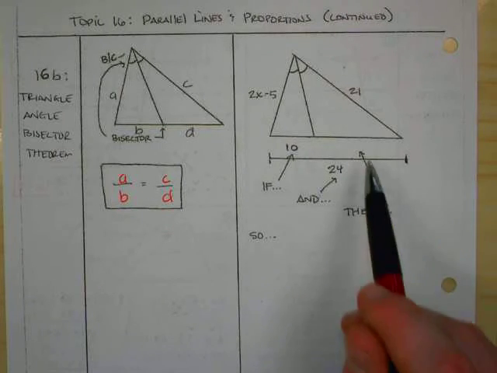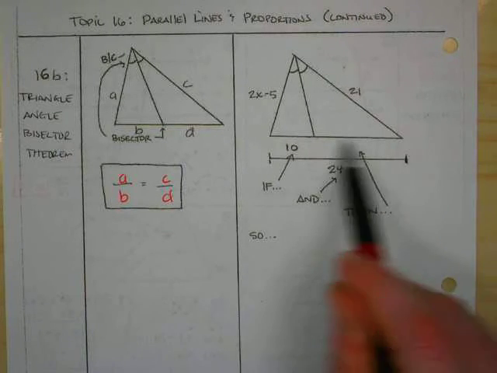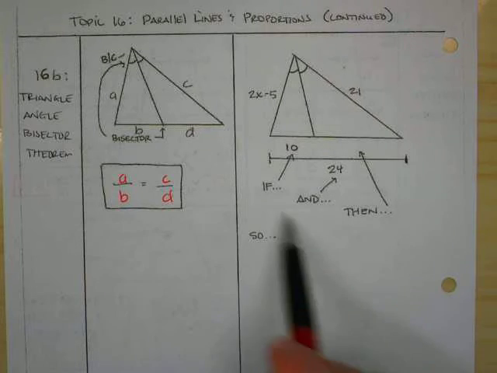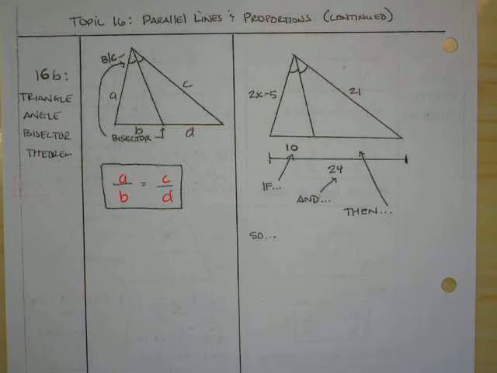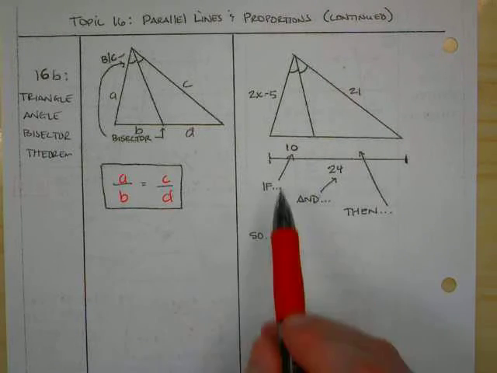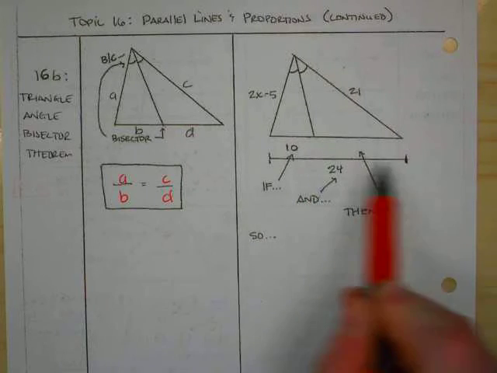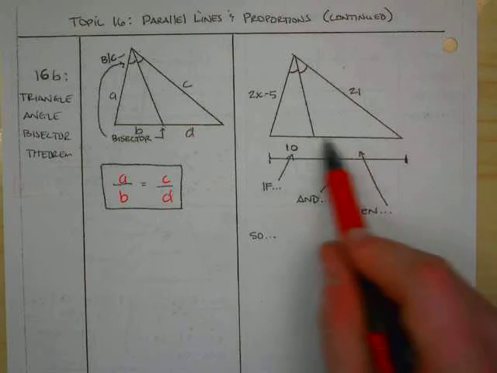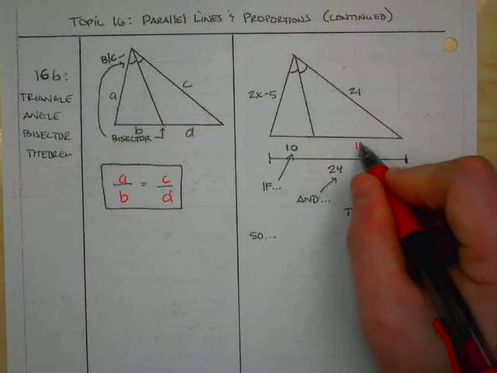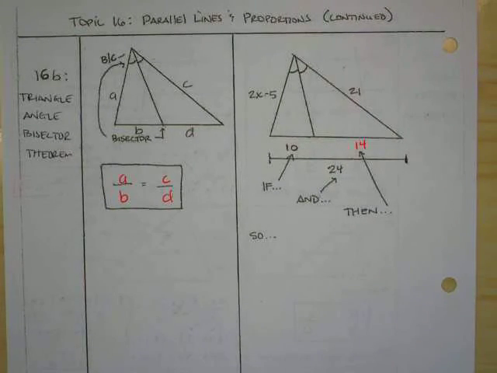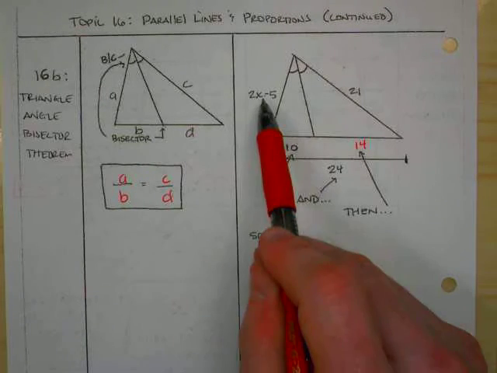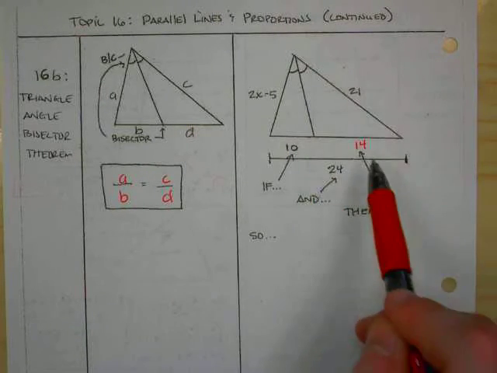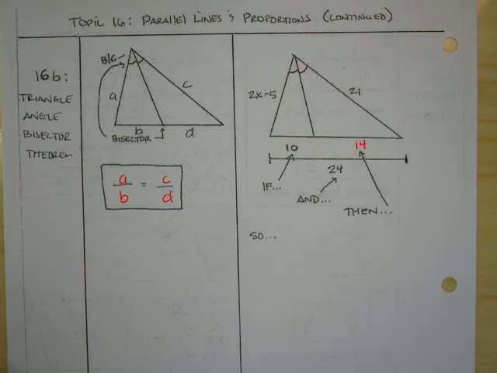But even though they haven't given me the length of this segment, they have given me enough information to figure out what the length of the segment would be. So this whole length right here is 24. This little part of it is 10. That means that this remaining part of it must be 14. Okay? And so now I've got my A, my B, my C, my D, and I can go ahead and get to work on setting up my proportion.